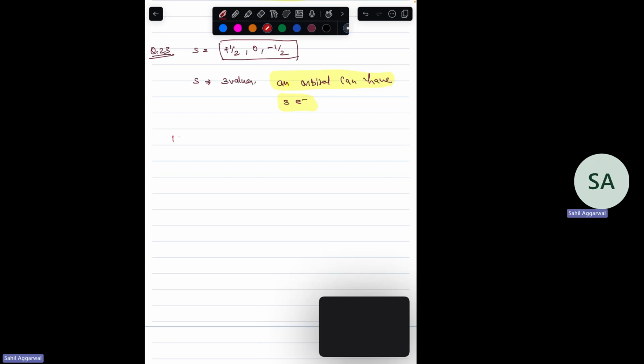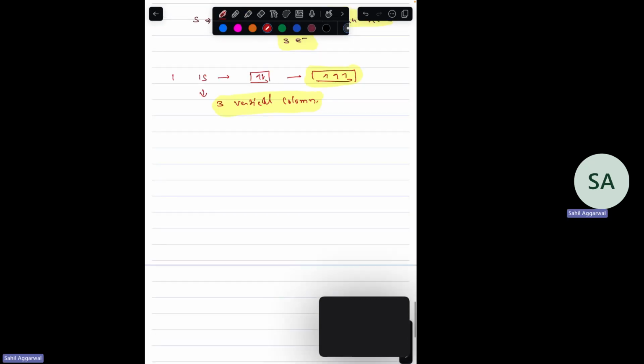First period मतलब first मतलब one मतलब 1s. तो 1s के लिए पहले दो रहते थे, जो कि एक ऑर्बिटल में दो इलेक्ट्रॉन आ सकते थे, लेकिन अब तीन हो जाएंगे. दैट मींस फर्स्ट पीरियड के अंदर थ्री वर्टिकल कॉलम्स आ जाएंगे. पहले दो आते थे, अब तीन हो जाएंगे अगर ऐसा हुआ तो. अगर एस के पास तीन वैल्यूज हो सकती है तो.